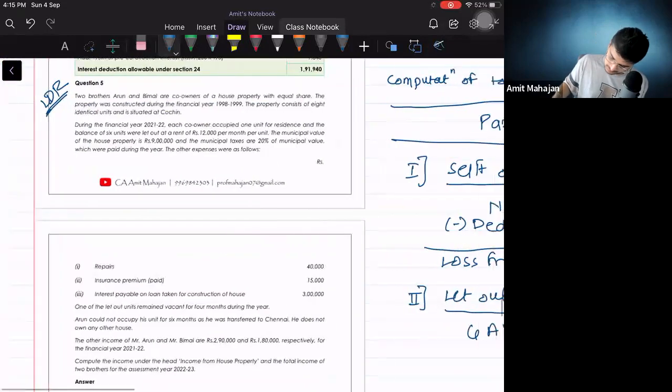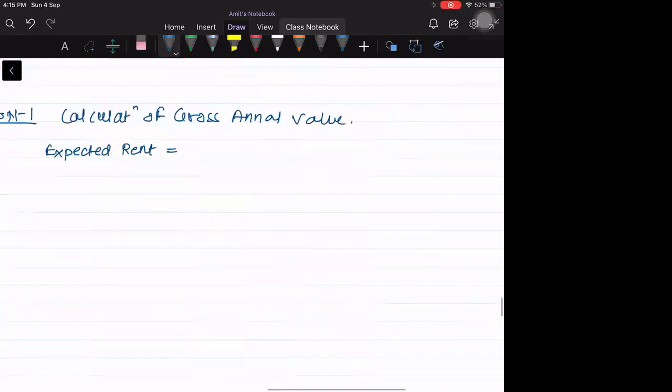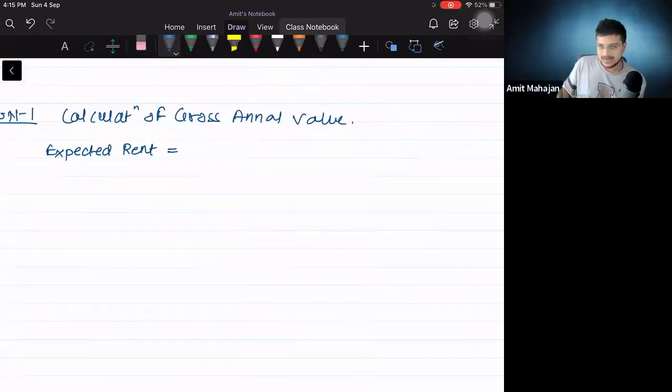How much? 9 lakh into 75%. Exactly. Here 9 lakhs, do not take 9 lakhs. We'll have to take 75% also because we are considering 75%. Okay? So here will come 9 lakhs.